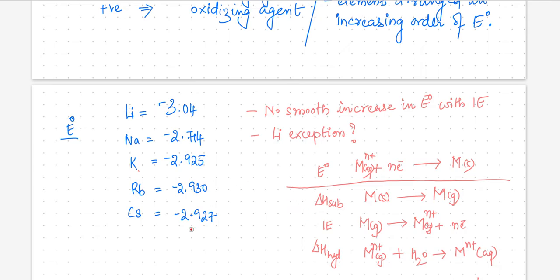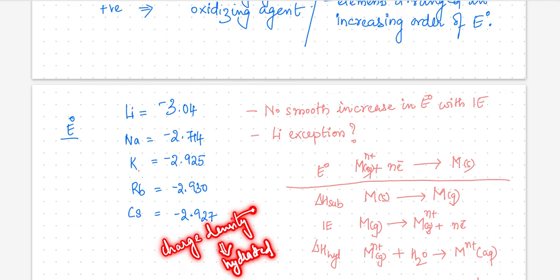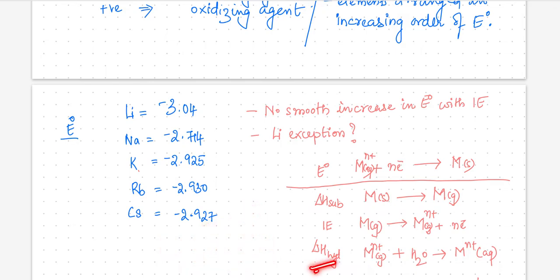Because of the high charge density, it is hydrated to the maximum. So it has a very high hydration energy, and this hydration energy decreases when the metal ion size increases.